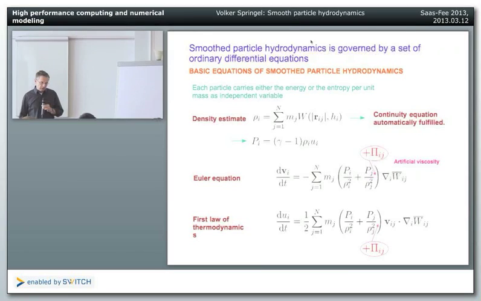Except that it's called artificial because we don't have a real viscosity in an Eulerian, ideal gas flow. But we want a viscous tensor to be present nevertheless. Ideally, it should only be present right where a shock is.